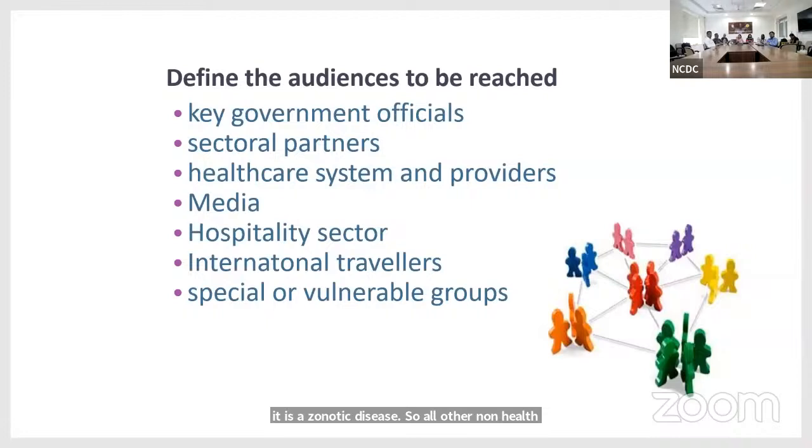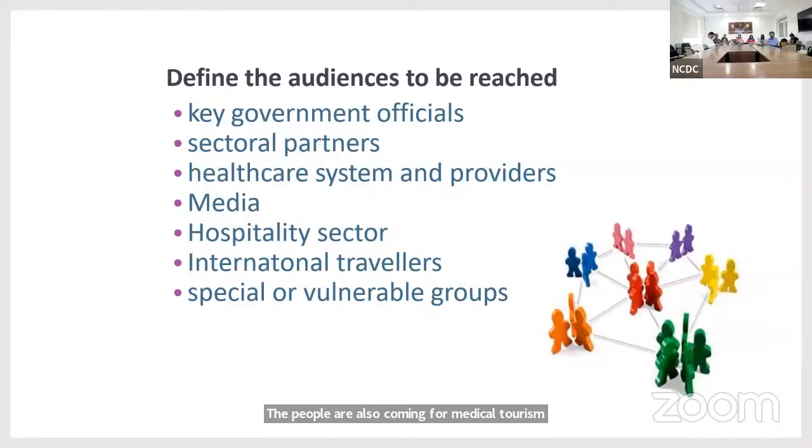If we have a disease, the healthcare system and the providers will bear the brunt, so they also need to understand. Media is very important, because these days it is the era of infodemics, where we are either misinformed or disinformed. Then the hospitality sector, because we have international travelers, and many people come for medical tourism from African and Middle East countries.